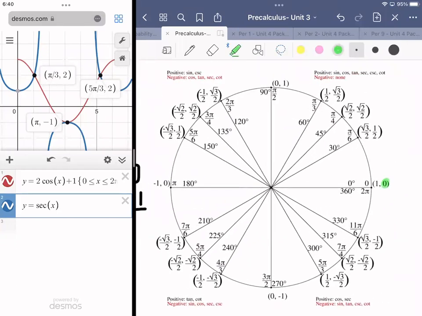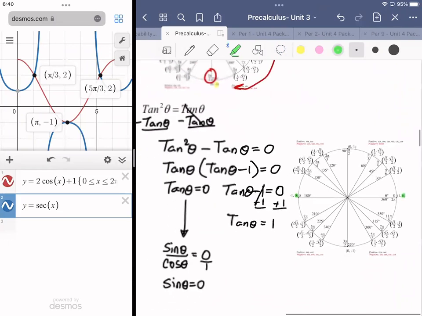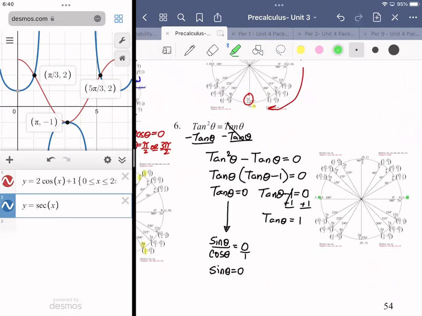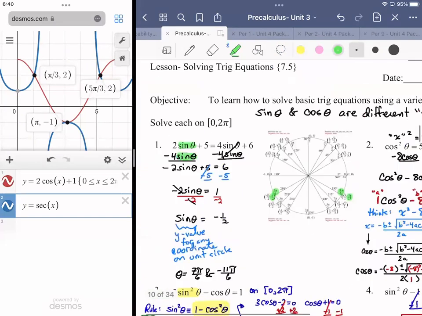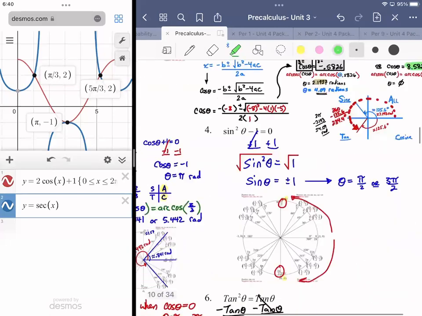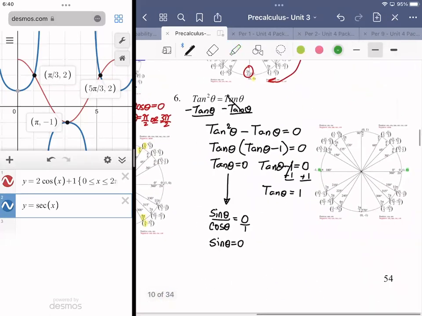That happens here and here. Our domain is from 0 to 2 pi, including the 0 and including the 2 pi, the square brackets. So theta would be equal to 0, pi, or 2 pi. Any of those would be possibilities.